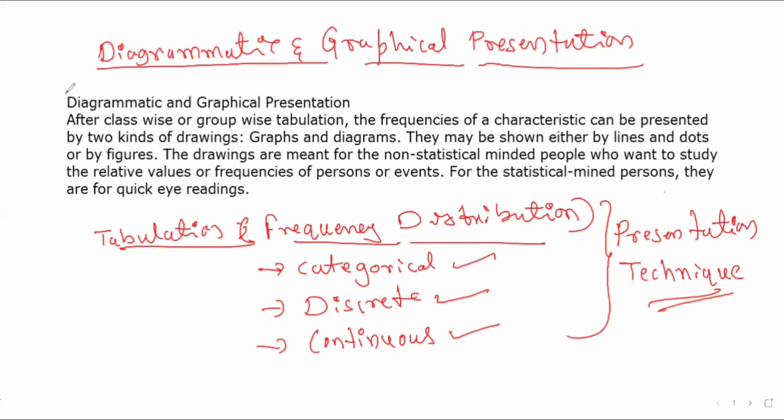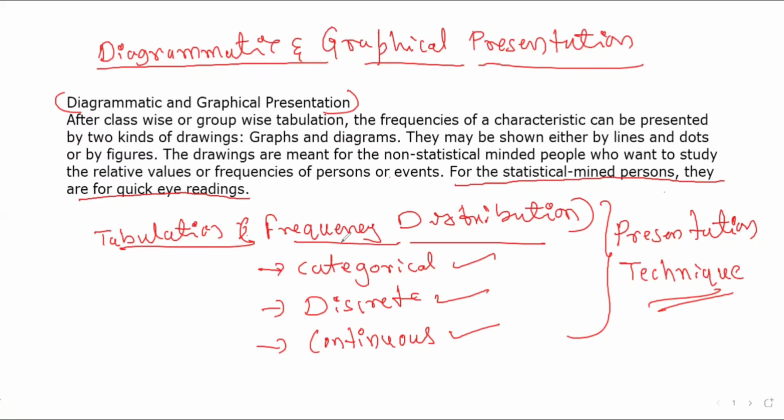Although, why do we need this study of diagrammatic and graphical presentation? What is the objective or the purpose of studying it? It is very simple. For statistical minded persons, it is a peak eye reading. It means those who know statistics, who know the frequency distribution, that is okay.